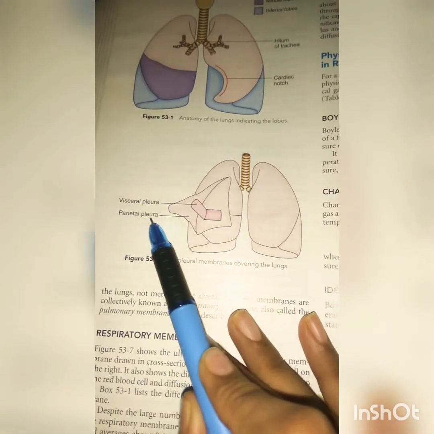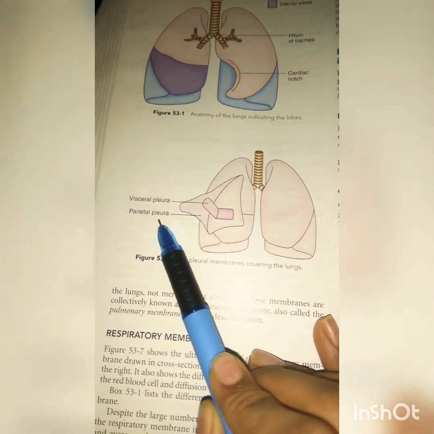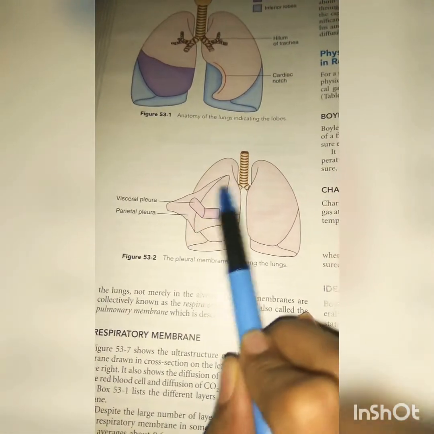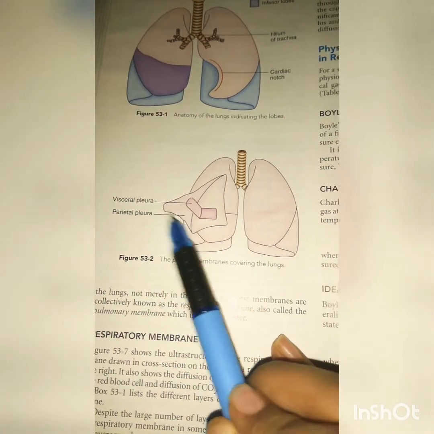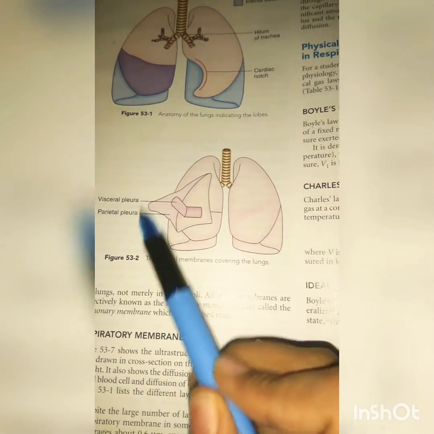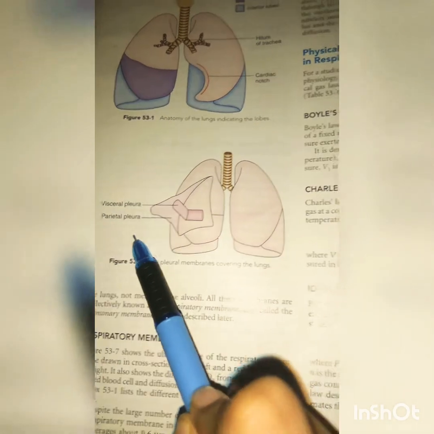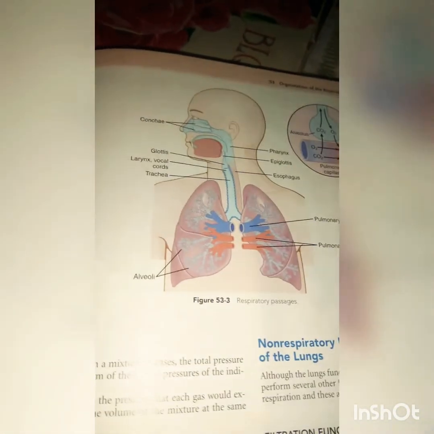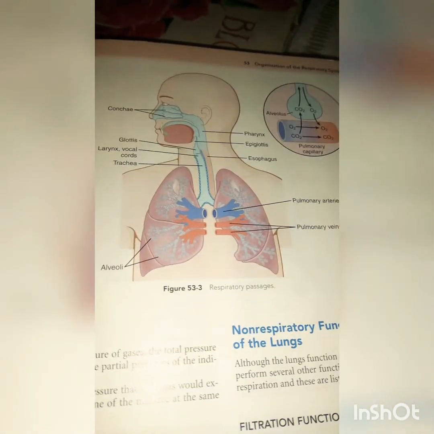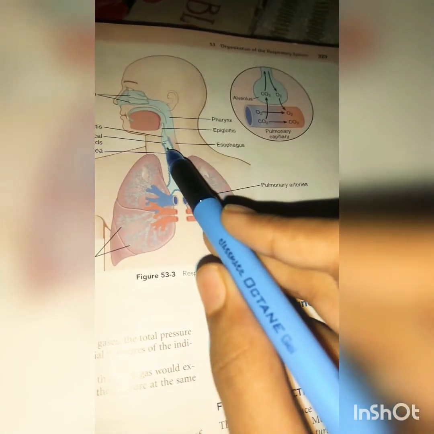As I said, the pleura is divided into visceral and parietal. The visceral pleura is directly in contact with the lung, whereas the parietal is somewhat far away. In between the parietal and visceral we have the pleural fluid, and this is the respiratory pathway. Here I can show: this is the trachea.